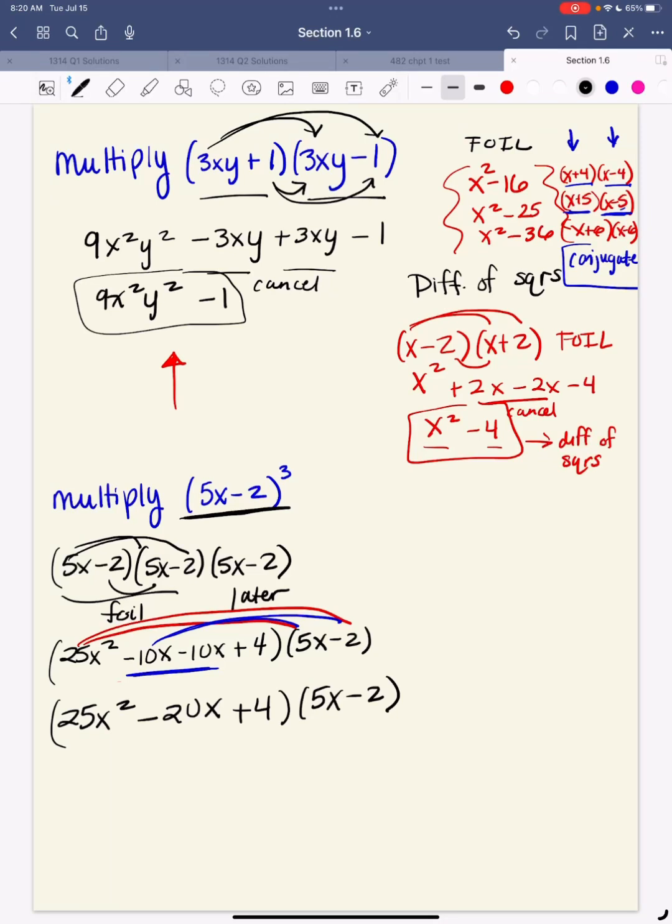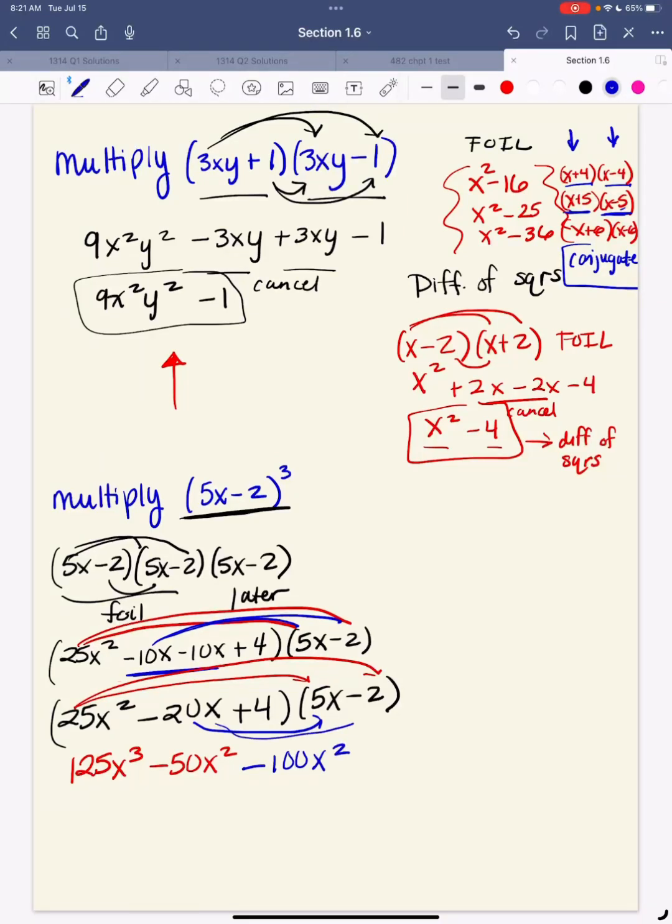Okay, so back to red. 25x squared times 5x is still 125x cubed. And 25x squared times minus 2 is still going to give me minus 50x squared. But now I'm going to multiply minus 20x times 5x, and that'll give me minus 100x squared.